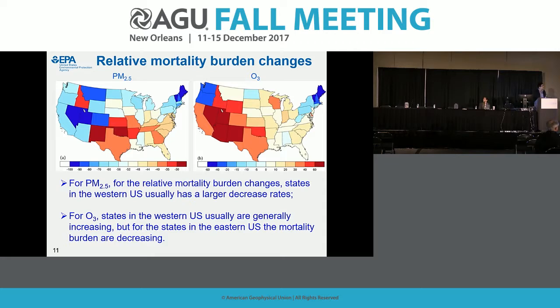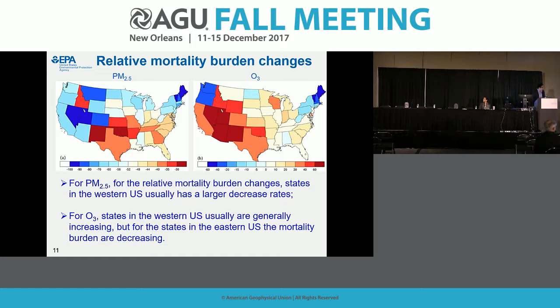Then we calculated the relative mortality burden changes at city level for both PM2.5 and ozone from 1990 to 2010. So the difference is calculated as values in 2010 minus 1990 divided by 1990.